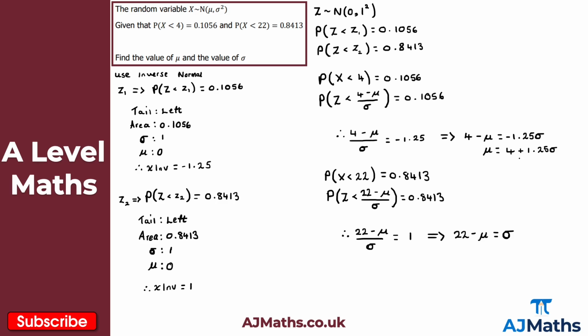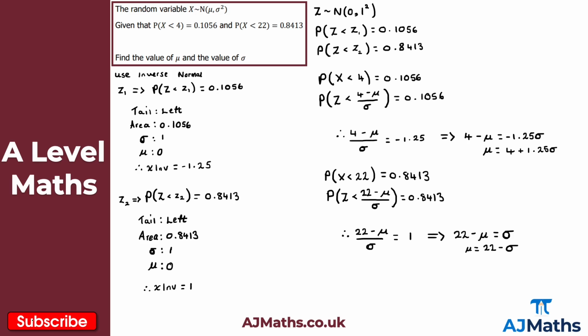Okay, so I've made mu the subject there, add this to both sides here. That would make it positive. So I get mu there. Doing the same here then, if I make mu the subject, I get mu equals 22 minus sigma. Okay. And because I've now got these two equations here where mu is the subject, I can now make these equal to each other.